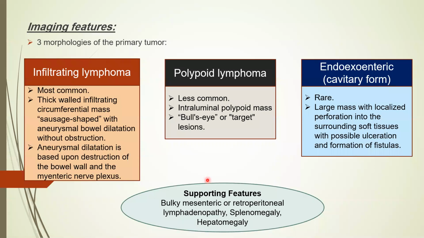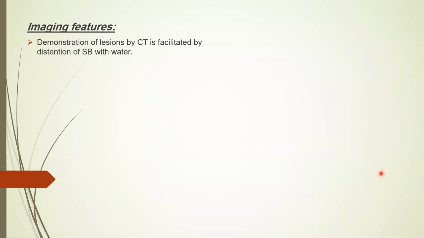The other supporting features are lymphadenopathy, mesenteric and retroperitoneal, and hepatosplenomegaly. The imaging features.